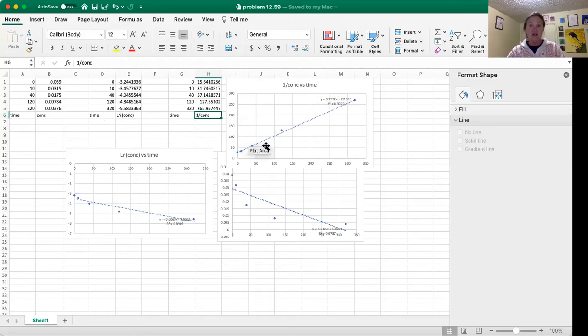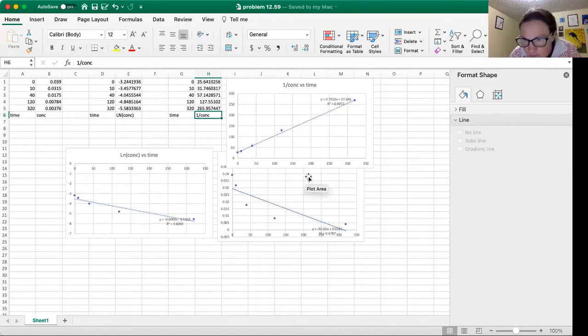So I've made all 3 of these graphs, and notice I've calculated a trend line, a best fit line. If R squared was 1, it would mean the line goes straight through your data points and it's perfect. So you want the R squared closest to 1.